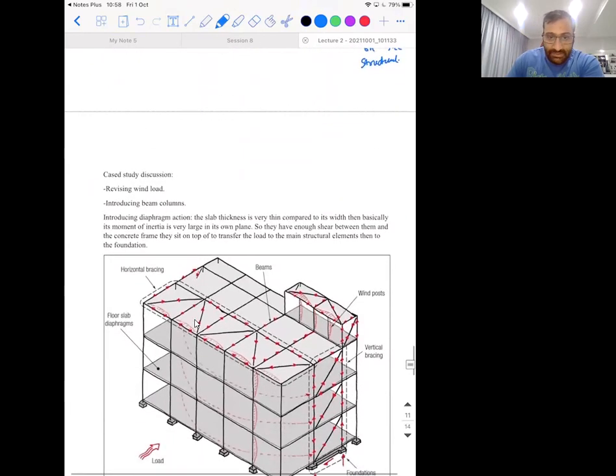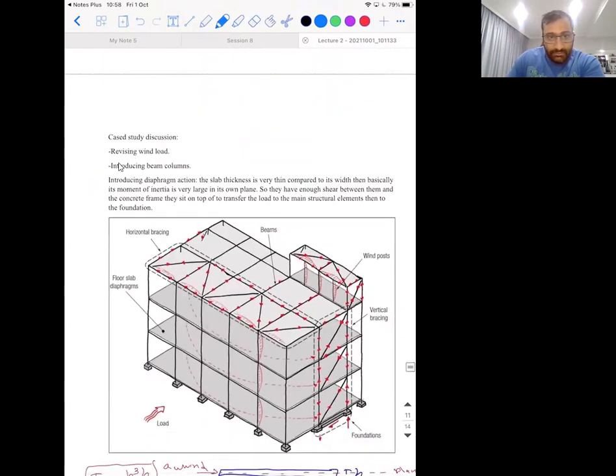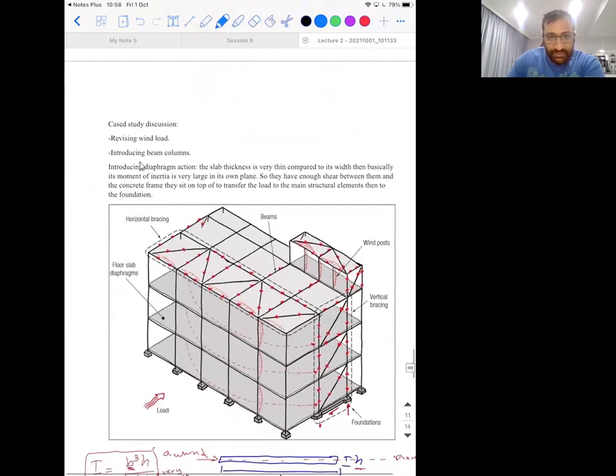So we have another case study here, revising wind load and introducing beams and columns. Introducing diaphragm action. We've done this with the frame already. Introducing beams and columns.